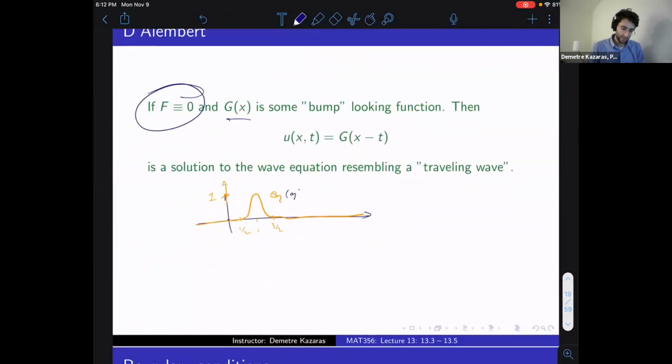G of eta looks like this. Let's see what happens. This would be the picture when t is 0, right? If t is 0, then the solution just looks like g of x, which looks like this graph, this little bump. I've chosen what g is. I didn't write a formula for it. I just drew a picture of what it looks like.